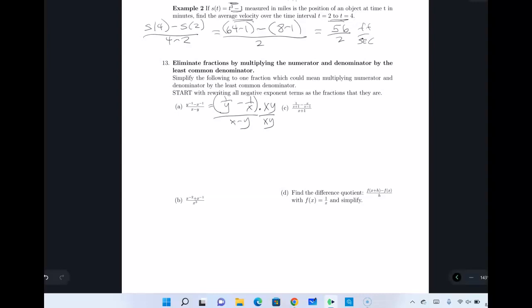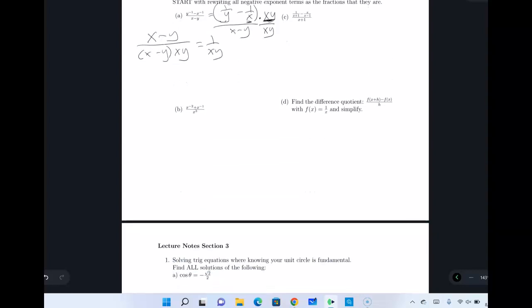So I'm multiplying 1 over y times xy, so I get x. If I multiply 1 over x times xy, I get y. And don't multiply the denominator out. And look at that. I get some canceling, so I get 1 over xy. They won't always turn out that great, but this one did.